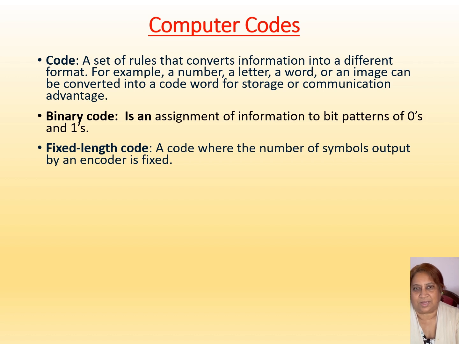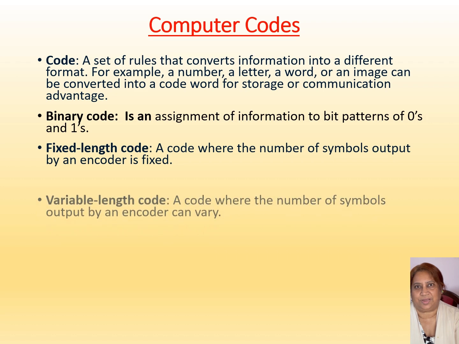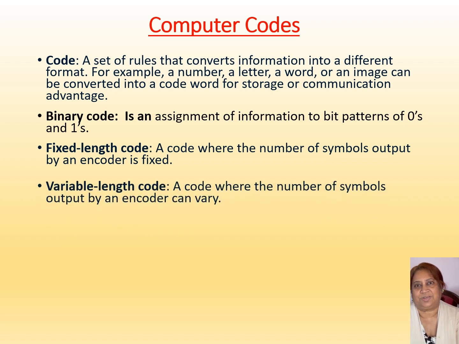If it is true for all other alphabets, then it will be called fixed length code. Some codes are not fixed length, variable length codes are also there. And we are going to take one example in Huffman coding, where some alphabet will be represented with a smaller string, some will be represented with a longer string, depending on how frequently they appear.